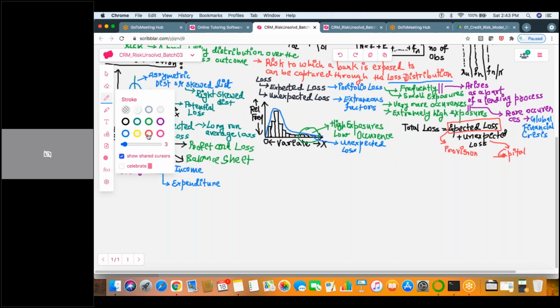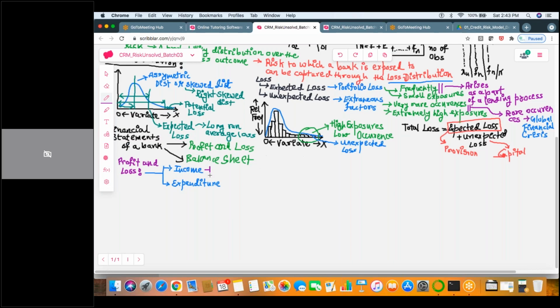Now, the income that the bank earns has two broad types. One set of income is the interest income that the bank earns. And the second is the non-interest income.